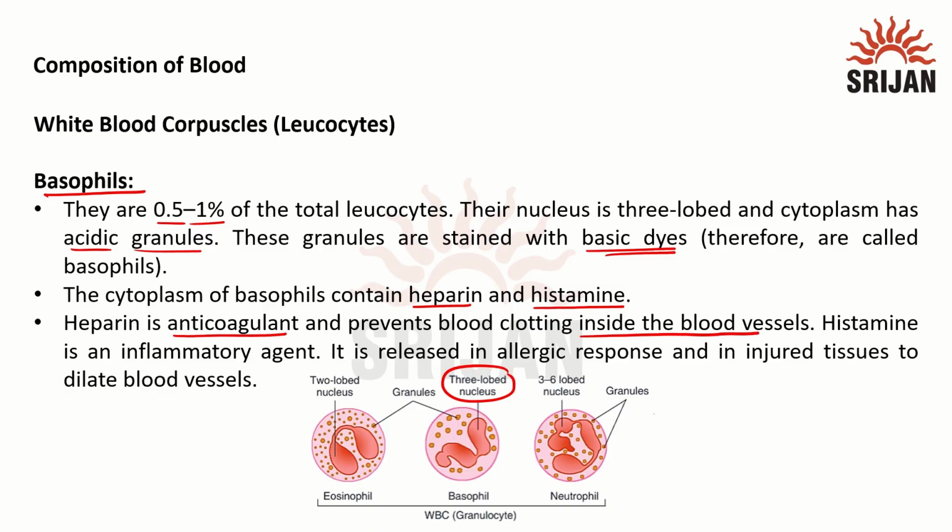So imagine blood is flowing through the blood vessels and randomly it clots, it can stop the blood flow. So heparin helps in smooth blood flow within the blood vessels. Whereas histamine is an inflammatory agent. As mentioned earlier, it will help in swelling. It is released in allergic responses and in injured tissues to dilate blood vessels and increase the blood flow.